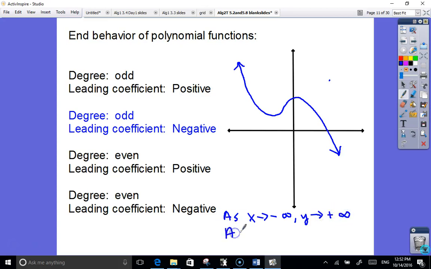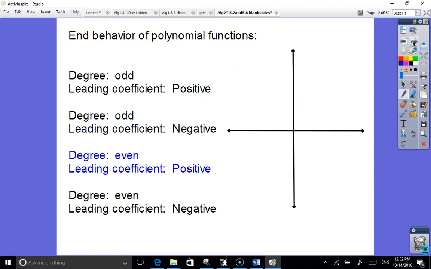As x approaches positive infinity, y approaches negative infinity. And you copied this in that block.